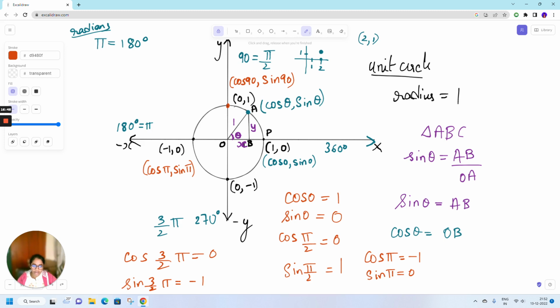At 0 degree, we write cos 0, sin 0, where the value of cos 0 is 1 and the value of sin 0 is 0. Similarly, we found all the other values of sine and cos. This is something about the unit circle.